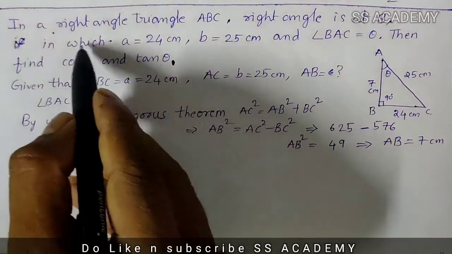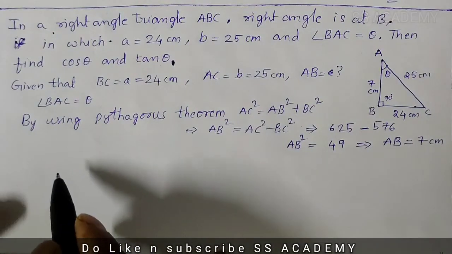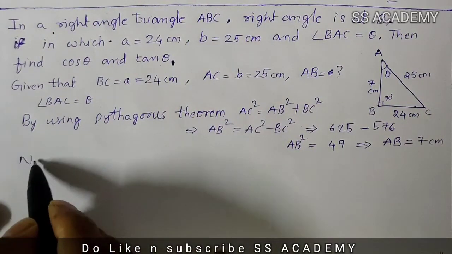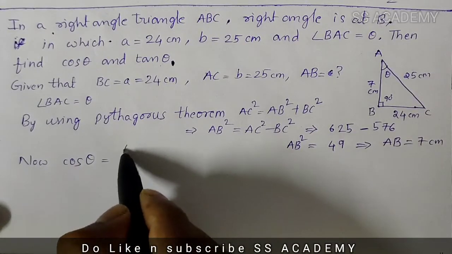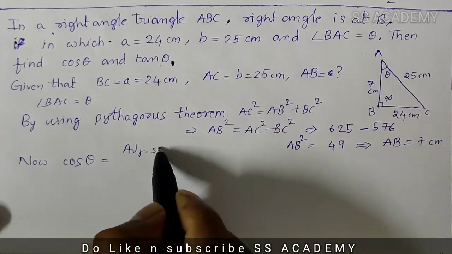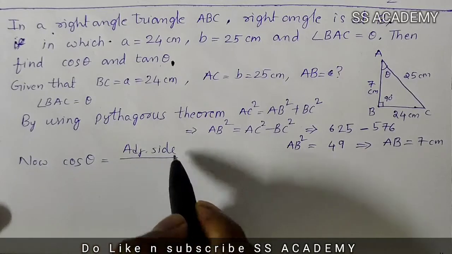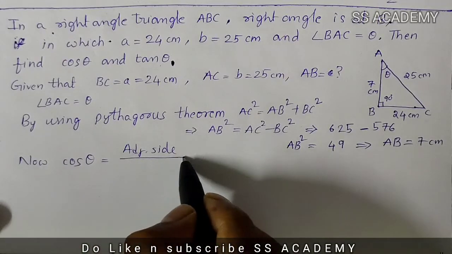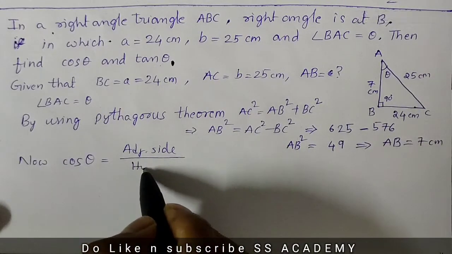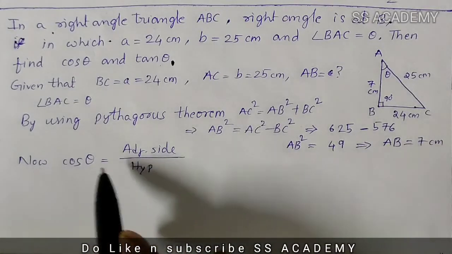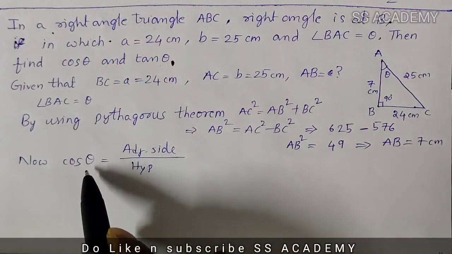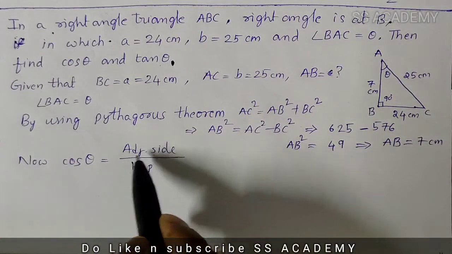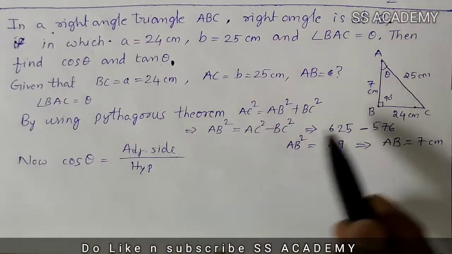Now we need to find cos theta. We know that cos theta equals adjacent side by hypotenuse. Since it is given cos of angle theta, you need to take the side adjacent to theta. So where is theta?